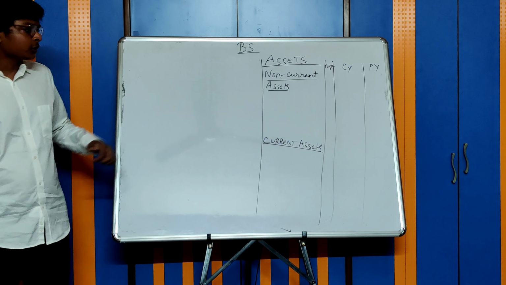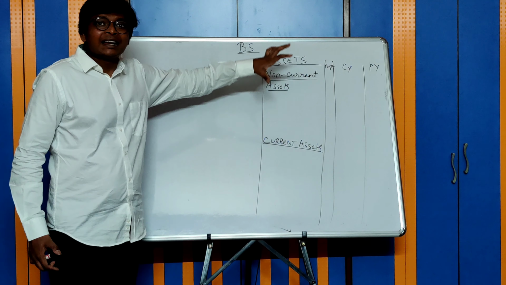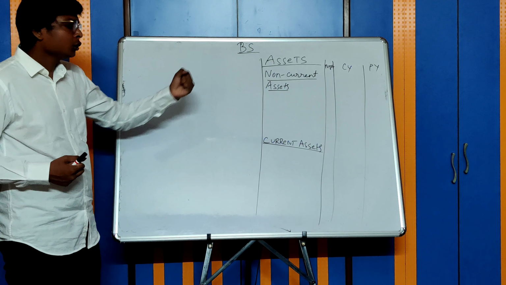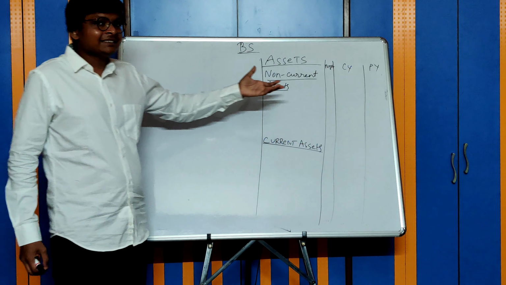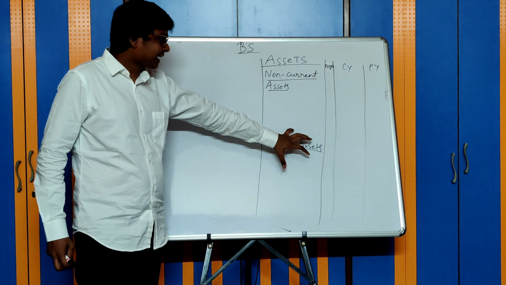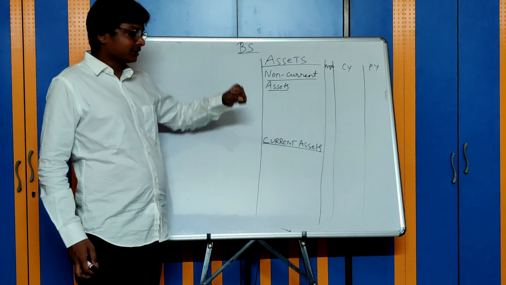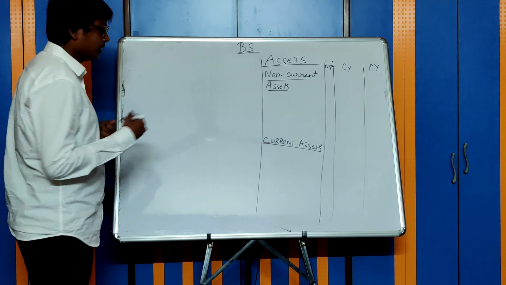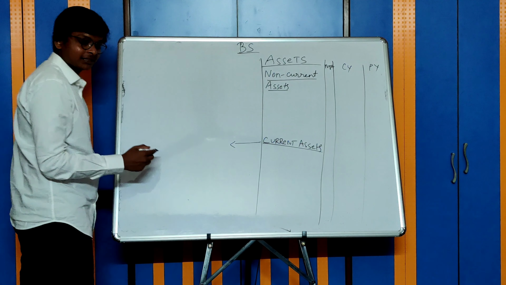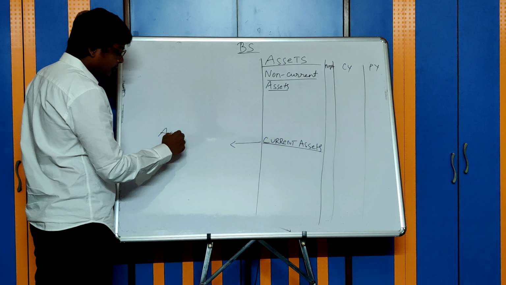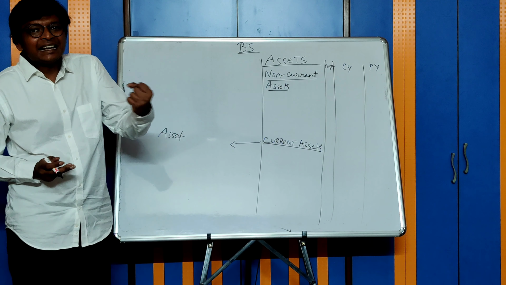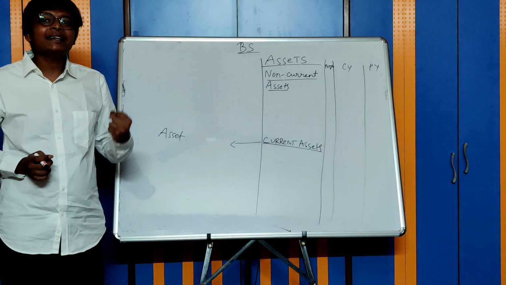In the previous section, we have discussed the format for liability side of the balance sheet. Now let us look at the asset side. In asset side, there are only two buckets: current assets, non-current assets. What is a current asset? Current asset means any asset which is realizable within the operating cycle.